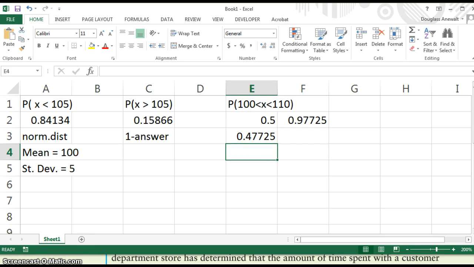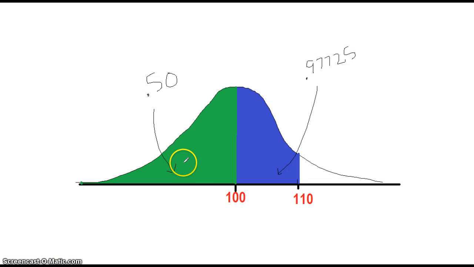Let me illustrate that with a graphic. So Excel said that the probability of being less than 100 was 50%. So that's just the green area, less than 100 on down. And then the probability of being less than 110 would be everything colored in. So from 110 all the way down. And it said that was 0.97725.